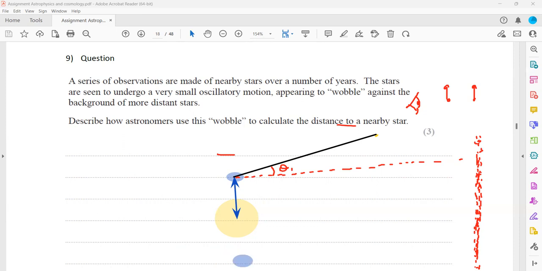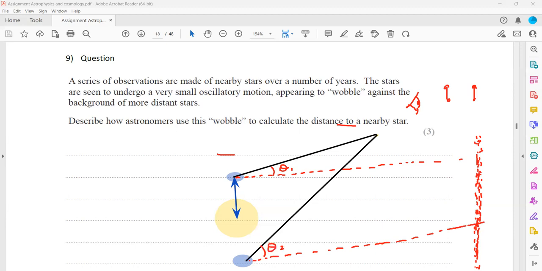Again we observe the same star after 6 months with reference to the background star. So this is theta 2.